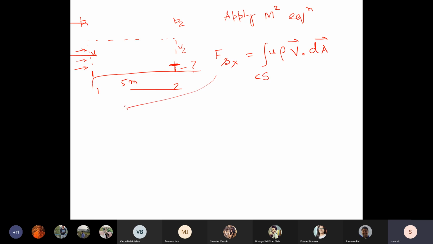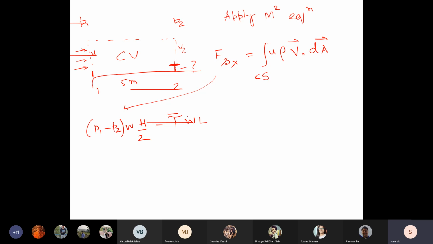Now this Fsx will have two parts. One part is going to be P1 minus P2 times W times h by 2, where h is the height of the duct, or the separation between the two plates of the duct, and this is the pressure force, minus tau average, which is essentially tau w times L. So this is going to be the shear stress acting on the element of the control volume that I have drawn over here, and the bar simply denotes that it's an average value.